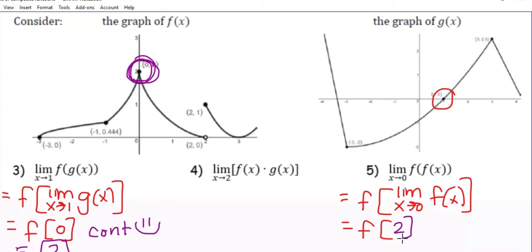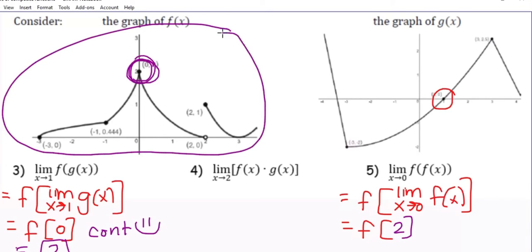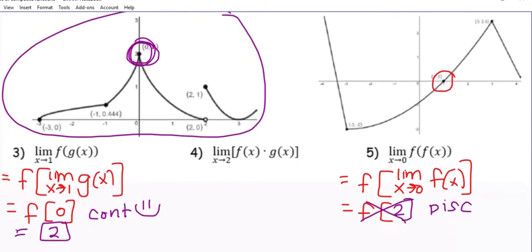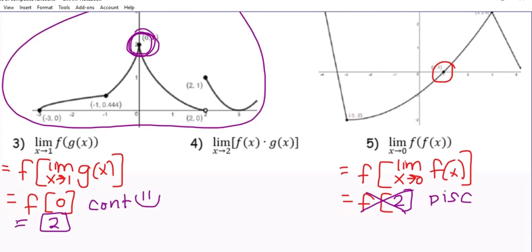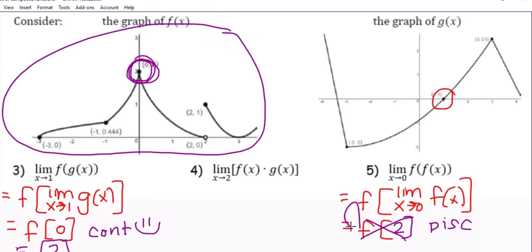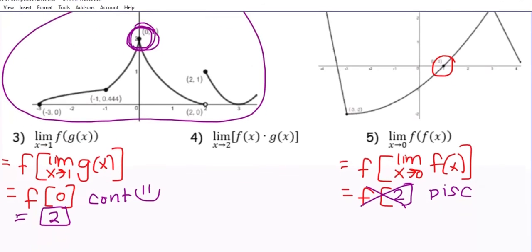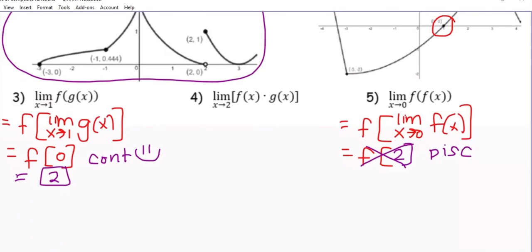Okay, then I say, okay, f of 2. So I'm really only focused on this graph over here. That's the graph of f. We have a problem. f of 2 is discontinuous. So I can't do that. So I put an x through it for my notation. And instead, I rewrite this as the limit as x approaches 2 of f of x.